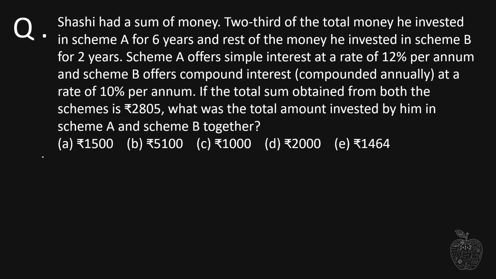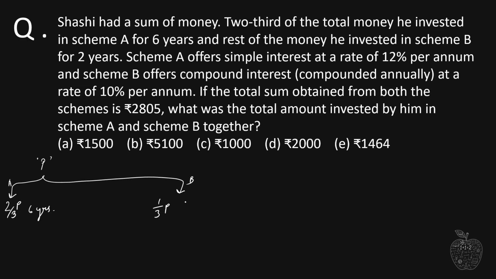Okay, so he invested some money, let's say P. 2/3 of the total money, that is 2/3 P, is invested in scheme A for 6 years. And the rest of the money, which is 1/3 P, he invested in scheme B for 2 years.